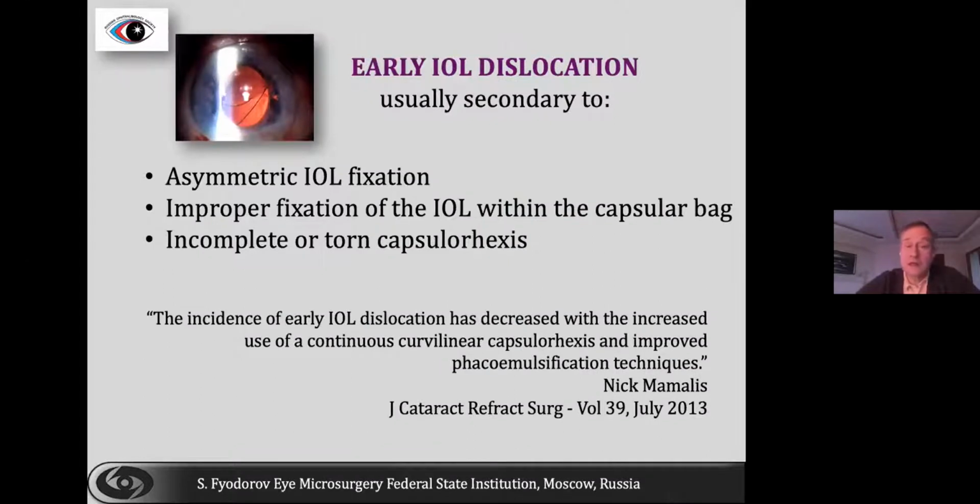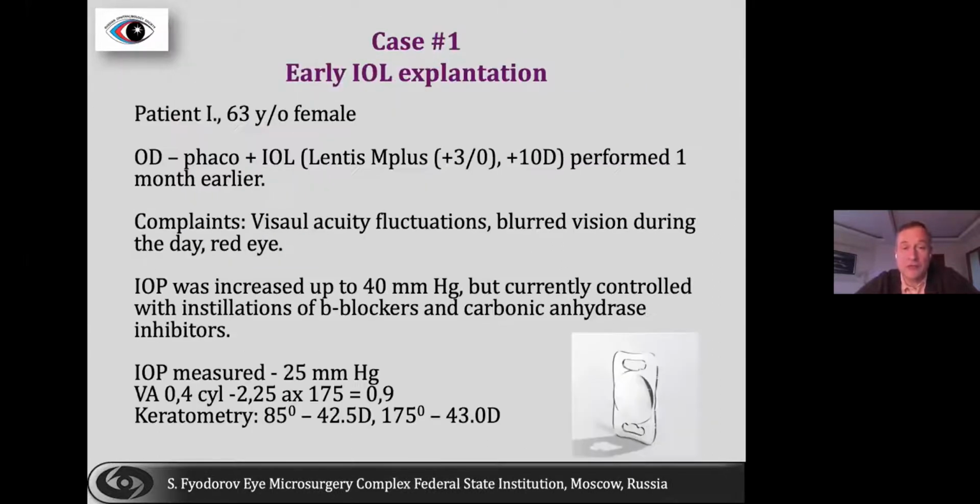There are early dislocations that happen usually because of complicated cataract surgery, as a result of asymmetric IOL fixation and improper position of the lens in the capsular bag. Some of the cases are the result of incomplete or torn capsulorhexis.